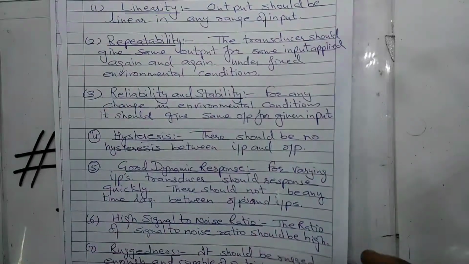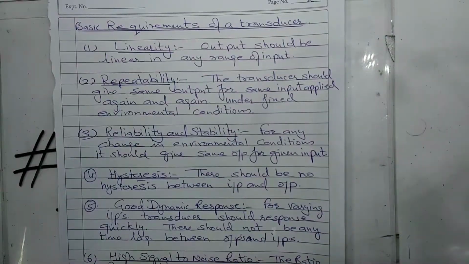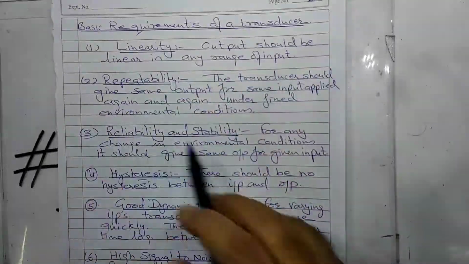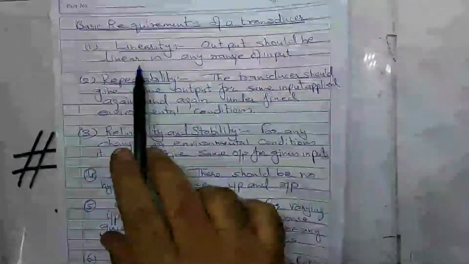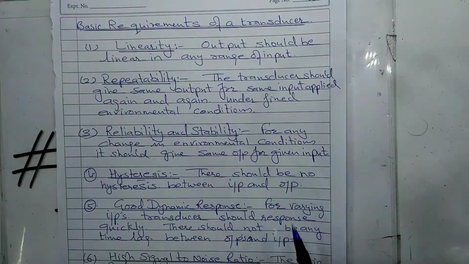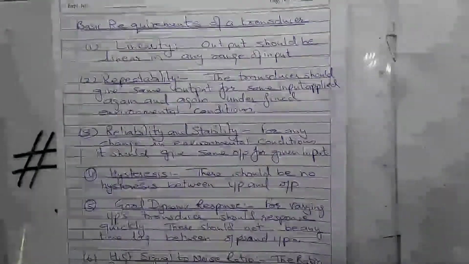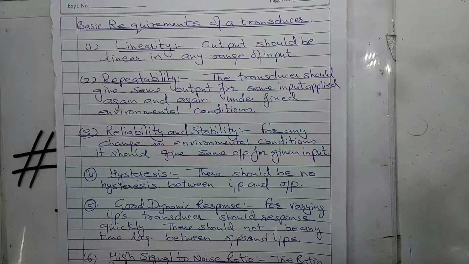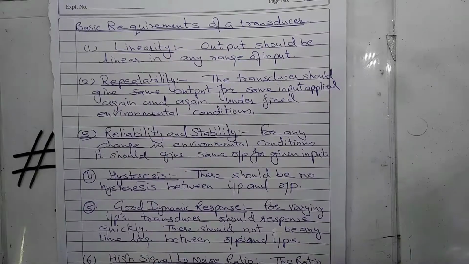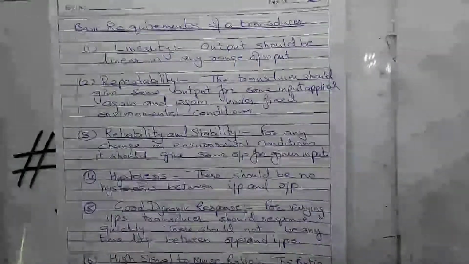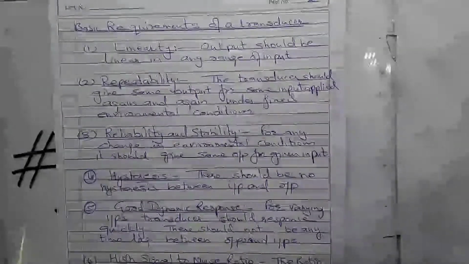So basic requirements of a transducer are: first is linearity. The output should be linear in any range of input. That means it should vary linearly in the particular range of the input, so that we know that for this much input we get a calculated output.